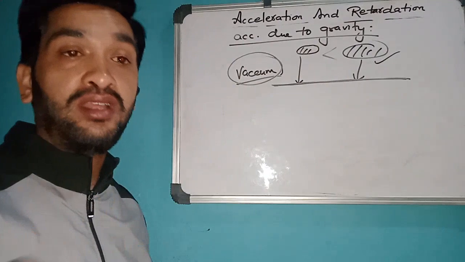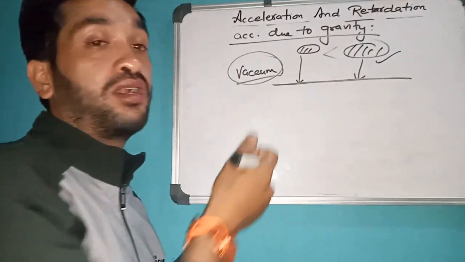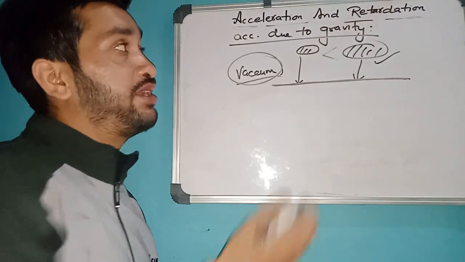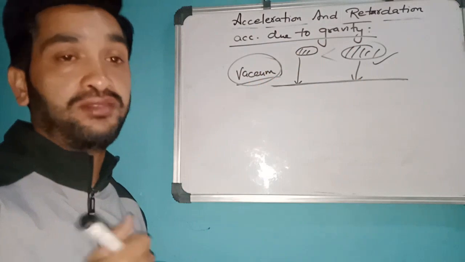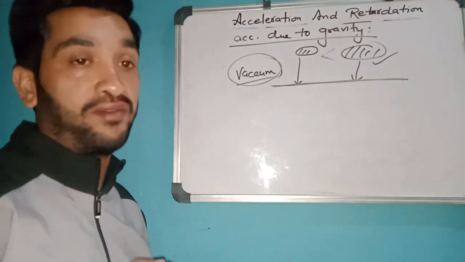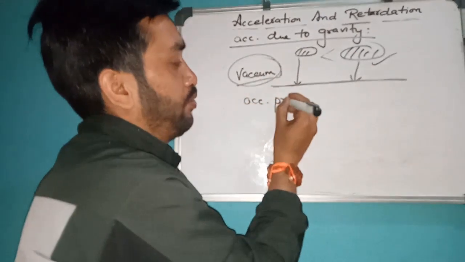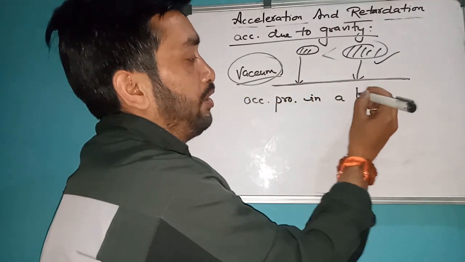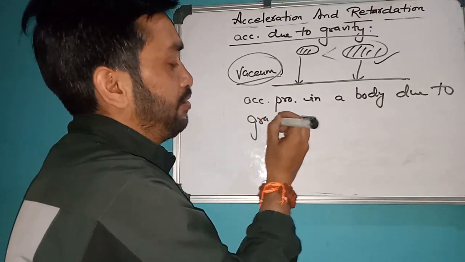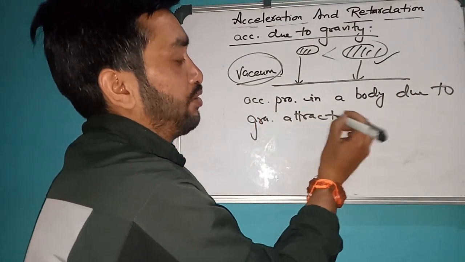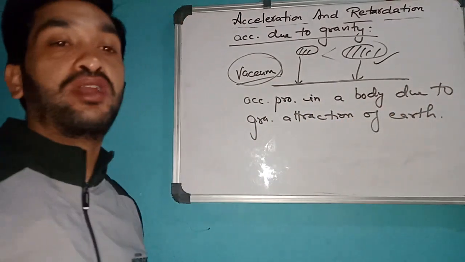And acceleration due to gravity, again, what is the theoretical definition? The force with which earth attracts a body creates an acceleration in that body, and that acceleration is called acceleration due to gravity. The acceleration produced in a body due to gravitational attraction of earth is called acceleration due to gravity.